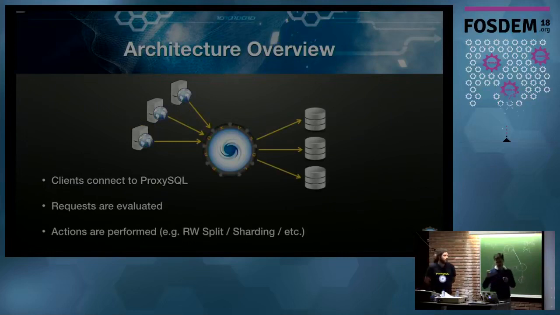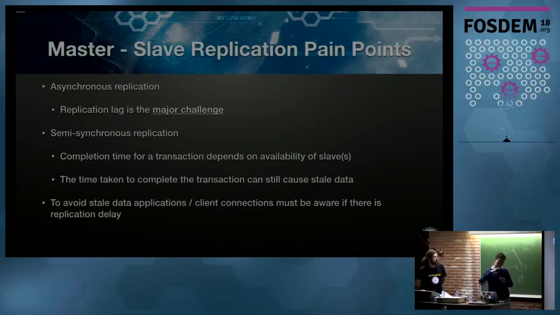Clients connect, the requests are evaluated, and depending on the configuration you've put into ProxySQL, certain actions will be performed. Key areas are read-write split, sharding, and query rewrite, and for this session we'll be focusing on read-write split and specifically the challenges that we have with master-slave replication.